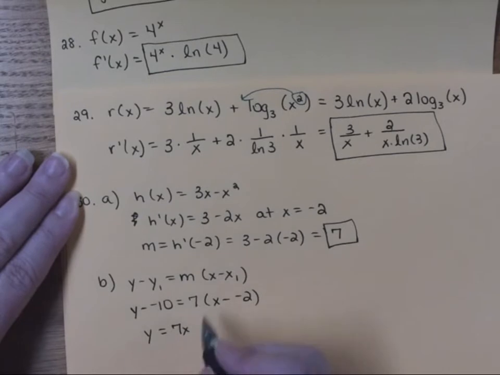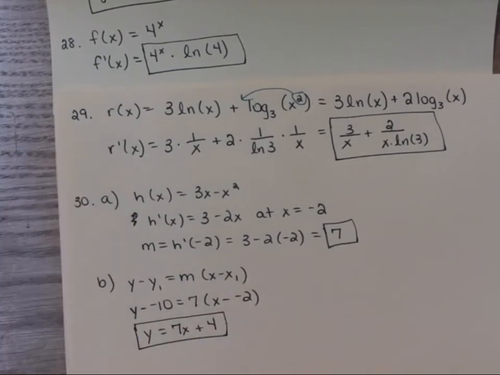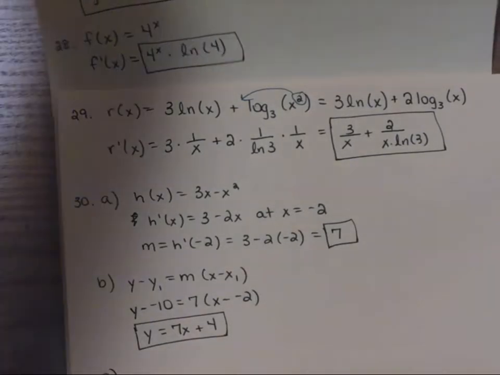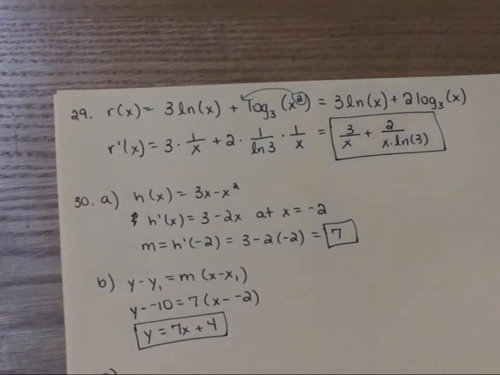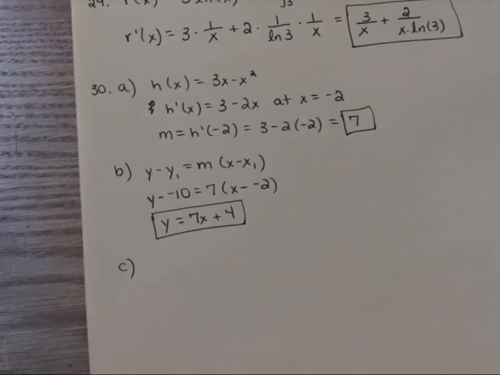And then you're going to subtract 10 from both sides, so it would be plus 4. Okay.